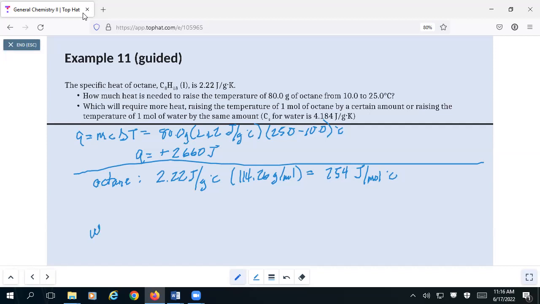For water, water has a higher per gram specific heat, but its molar mass is only 18.02. So 4.184 times 18.02 to 4 significant figures would be 75.40 joules per mole degree Celsius.